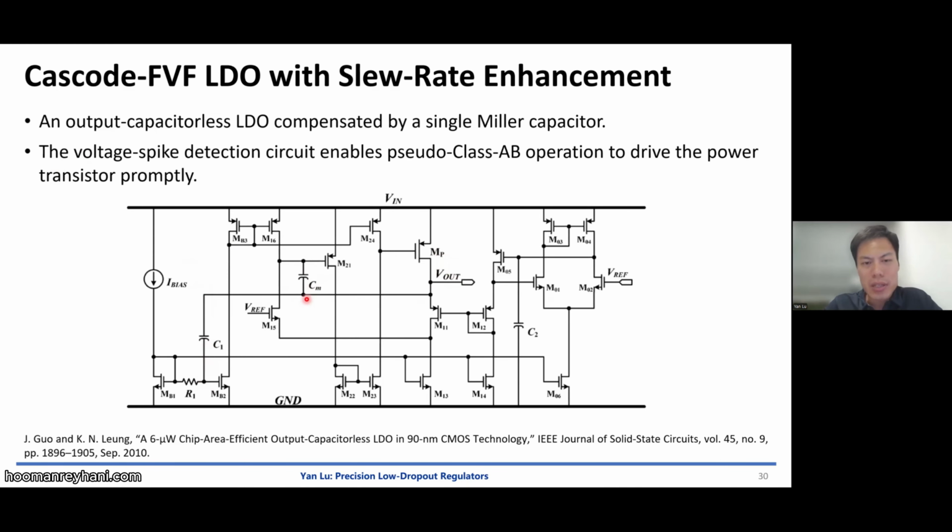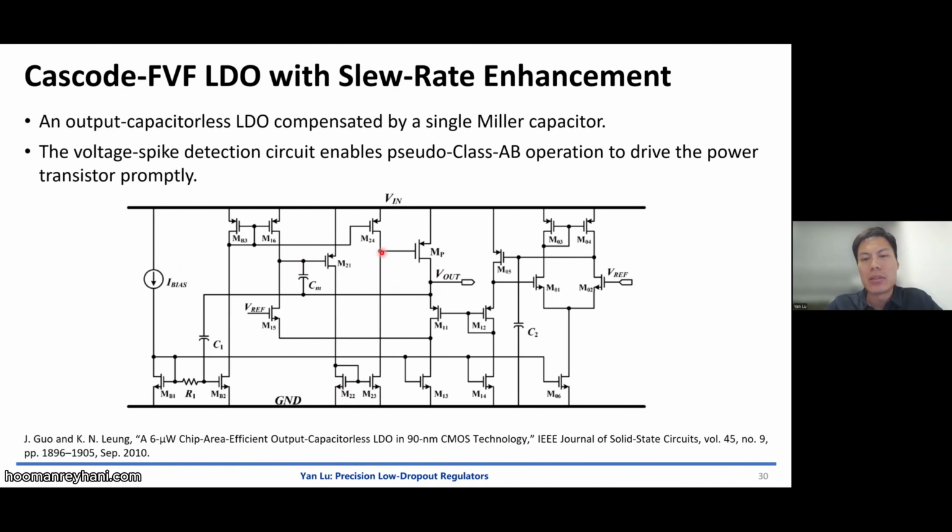Actually, if you consider the Miller cap as the transient response capacitor, it can help us to improve the transient response. Let's say if Vout decreases, through this Miller capacitor, the gate of M21 decreases, then we have higher current through M22, 23.